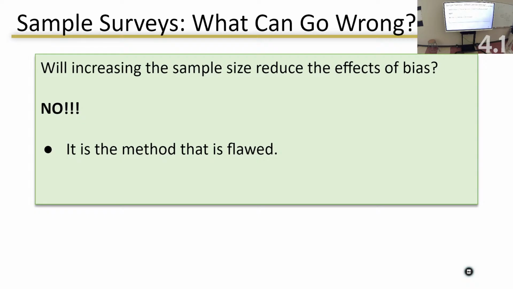It's the method that I use that's wrong. Okay with that? A lot of times students get it in their head, man, if I just increase my sample size, I'm going to help reduce bias. You can't. It's the method that we messed up on. We have to fix the method, not the size.